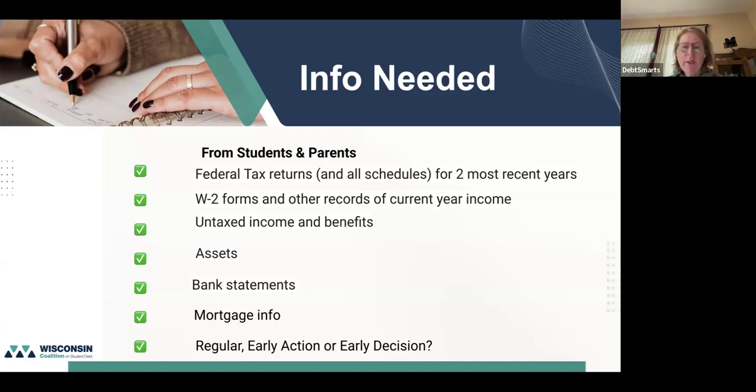And that student is going to have to know, as they're starting out on this form, are they applying for regular, early action, or early decision? Because that's going to affect what questions they see. So you can't get very far without knowing that answer. Of course, you can go back and change it, but that might change the questions that you're being asked to respond to.